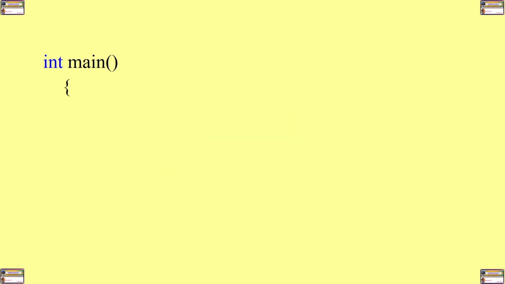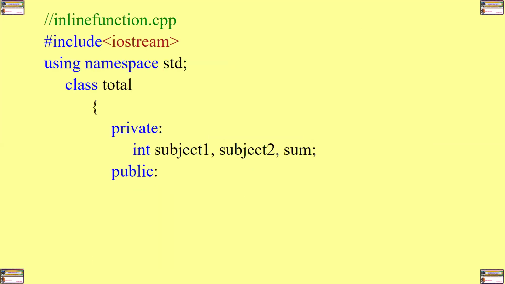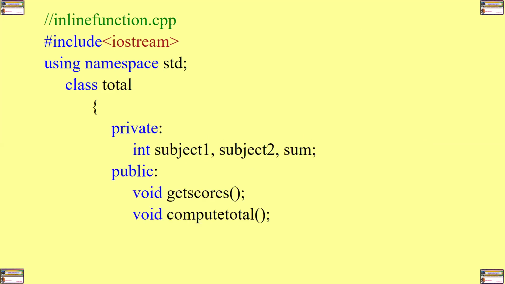So once that statement is encountered, the compiler will go to the class whose members are being manipulated using the object we have already encountered, and then it will move to this function here. This function is called display results.